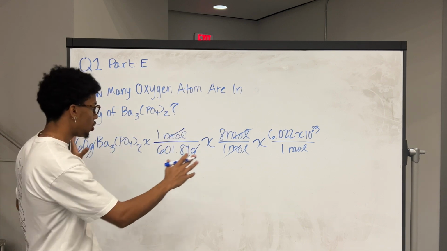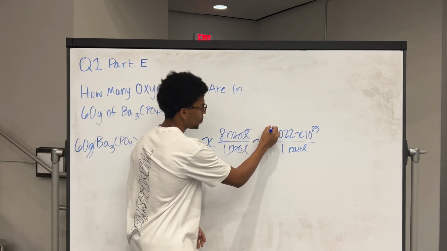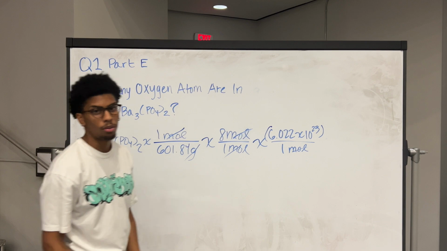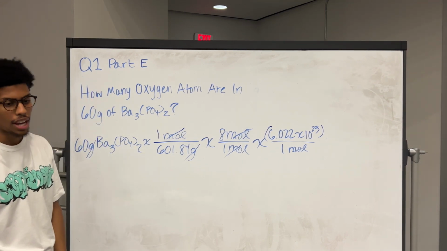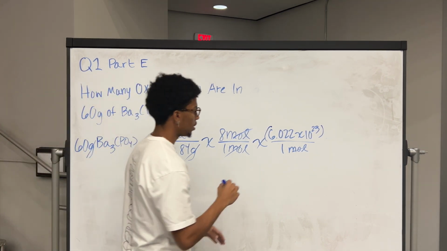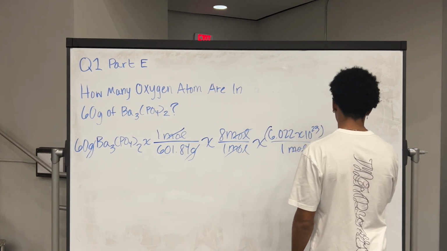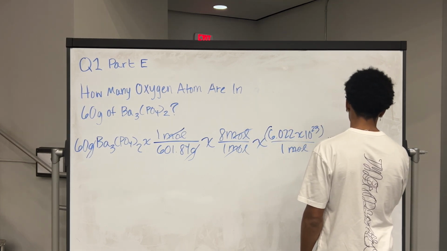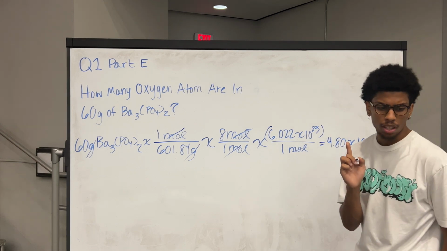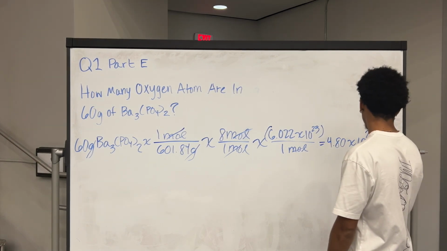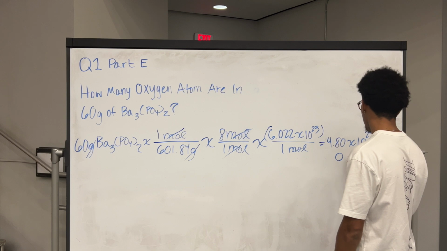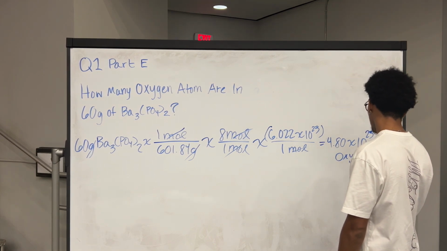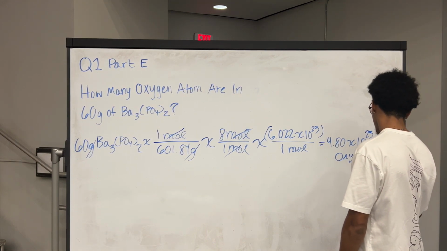If you plug this into your calculator, again, please put parentheses around scientific notation. You're going to get an answer that looks like this: 4.8 times 10 to the 23rd oxygen atoms.